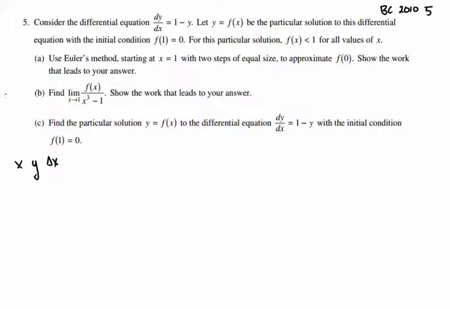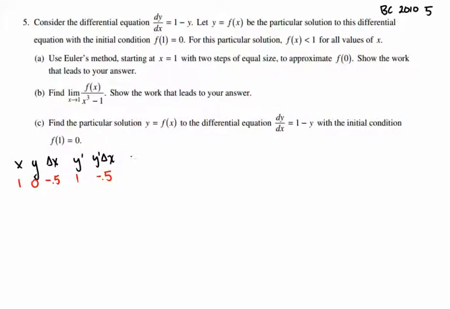And so we're starting with x is 1, y is 0, and our delta x is going to be negative 0.5, or negative 1/2 here. Our y prime is 1 minus y, so in this case it's just 1, and our y prime times delta x would be negative 0.5.